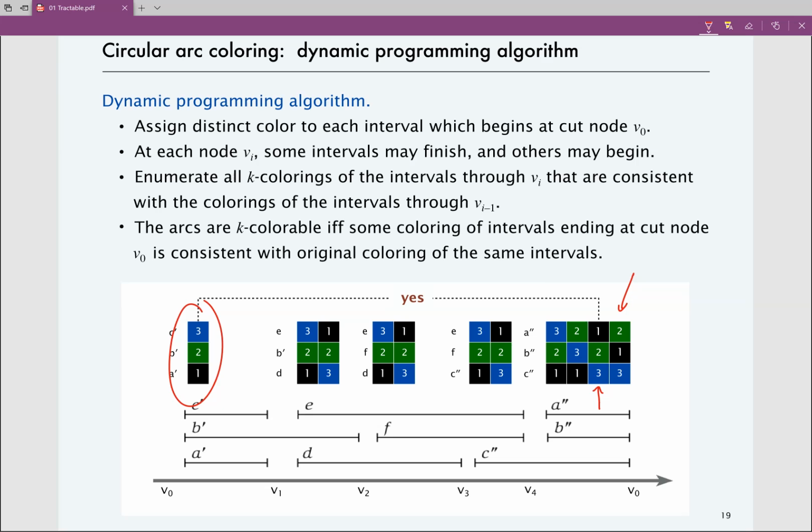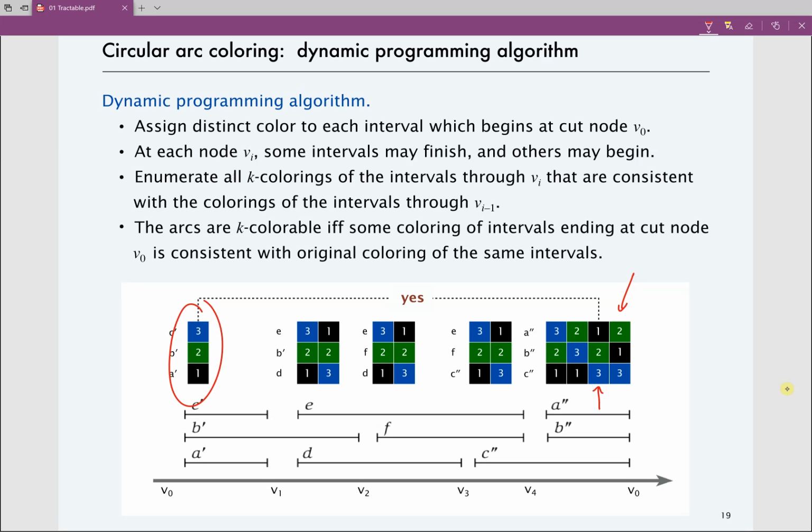Now, if it turned out that for all of these colorings at the end, none of them are consistent with the initial colorings for A prime, B prime, C prime, then that would mean that there is no way to color this arc using 3 colors.